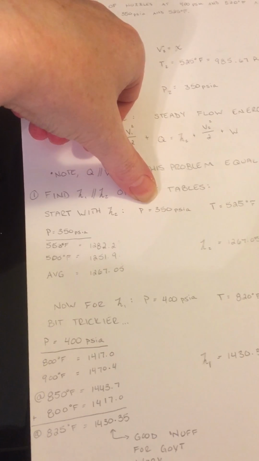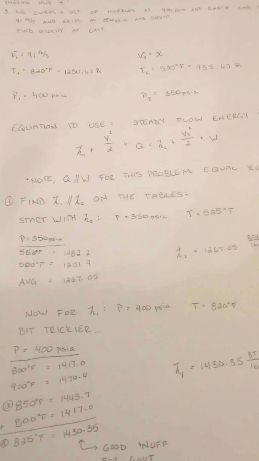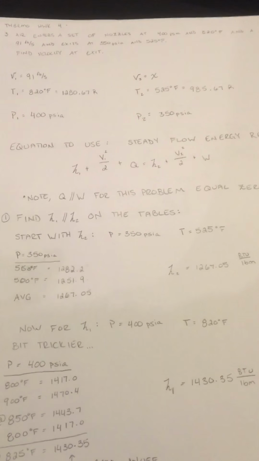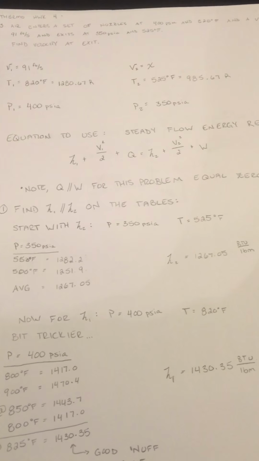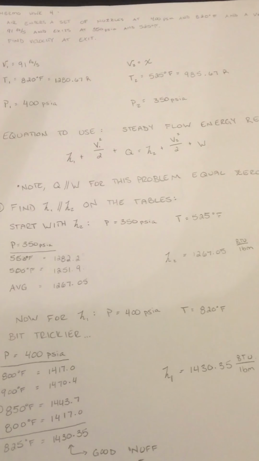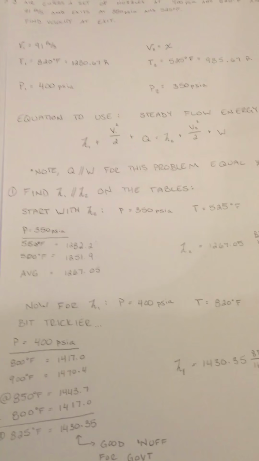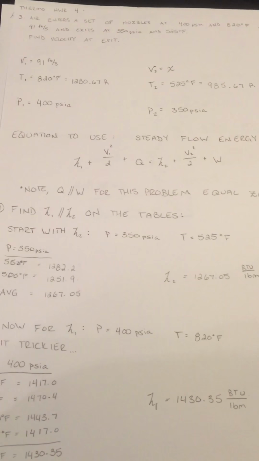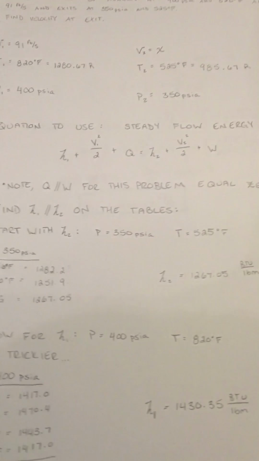You're going to go to the superheated water. Anything where you're dealing with water over 210 degrees Fahrenheit or 100 degrees Celsius is classified as superheated. So I'm looking at pressure tables for superheated water under these conditions.